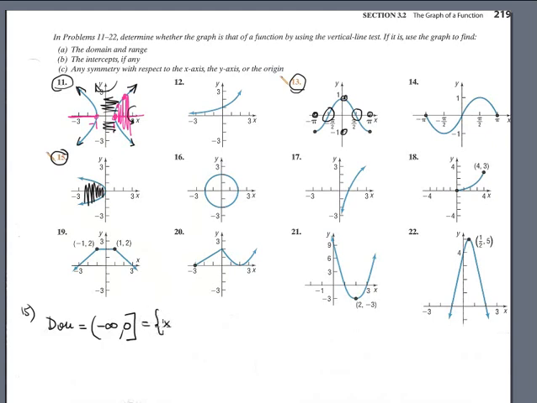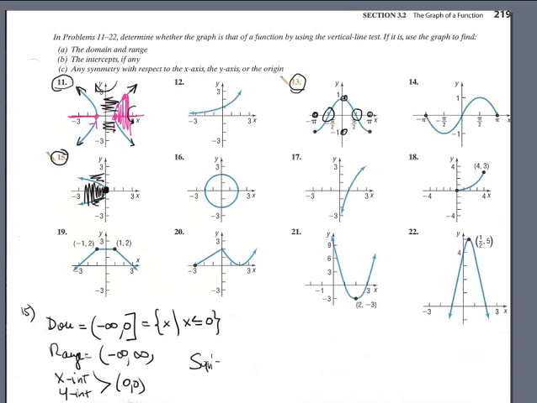Or in other words, the values of x such that x is less than or equal to 0. However, the range is all real numbers, because it covers positive and negative. We have only one x-intercept, and the y-intercept is the same as the origin, the point (0, 0). And it's symmetric about the x-axis.